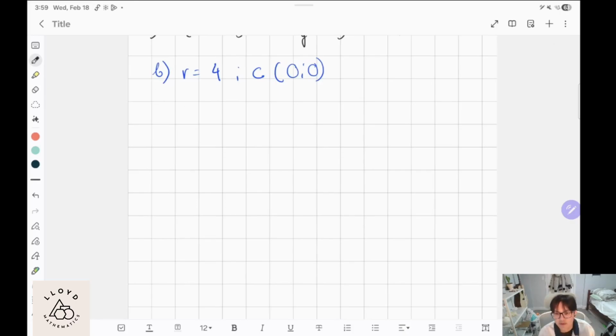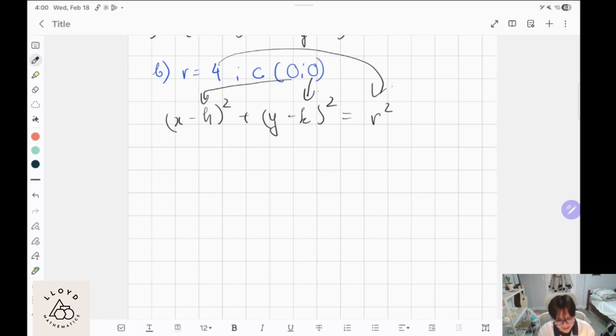Let's try a bigger example. The first step, we rewrite the formula: x minus h squared plus y minus k squared equals r squared. We do the same thing: we replace h and k with the center coordinates, and r is equal to 4.